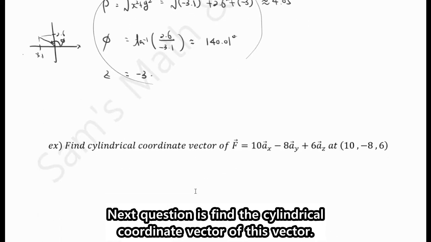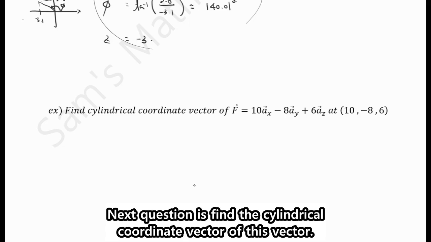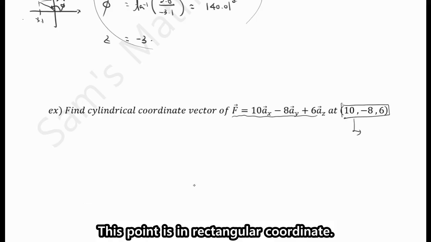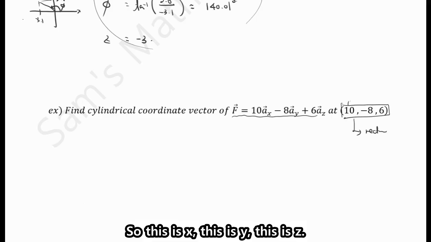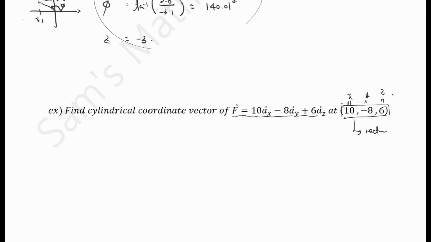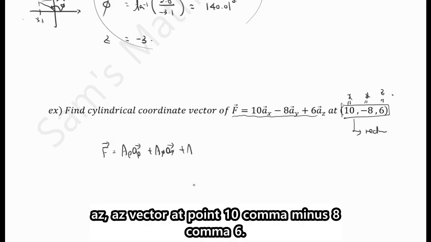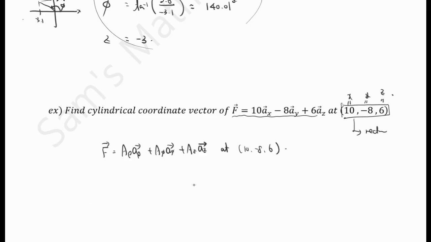Next question is to find the cylindrical coordinate vector of this vector. This is the vector transformation at the point 10, minus 8, 6. This point is in rectangular coordinate. So this is x, this is y, this is z. So the F vector can be expressed as a rho component, plus a phi component, plus an az component at the point 10, minus 8, 6.